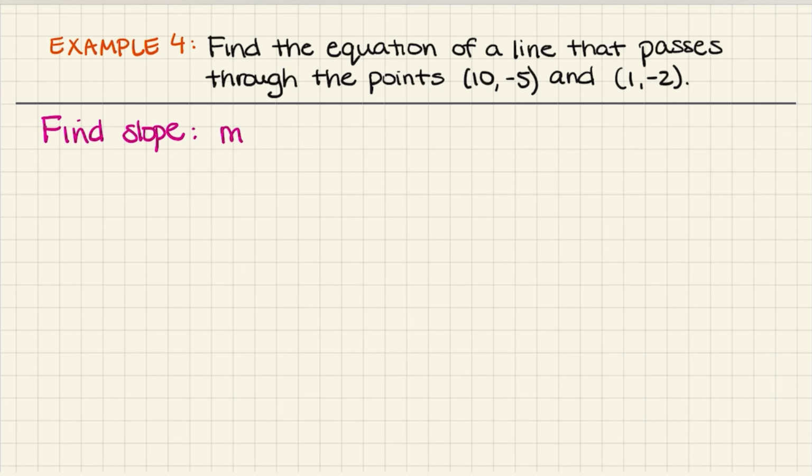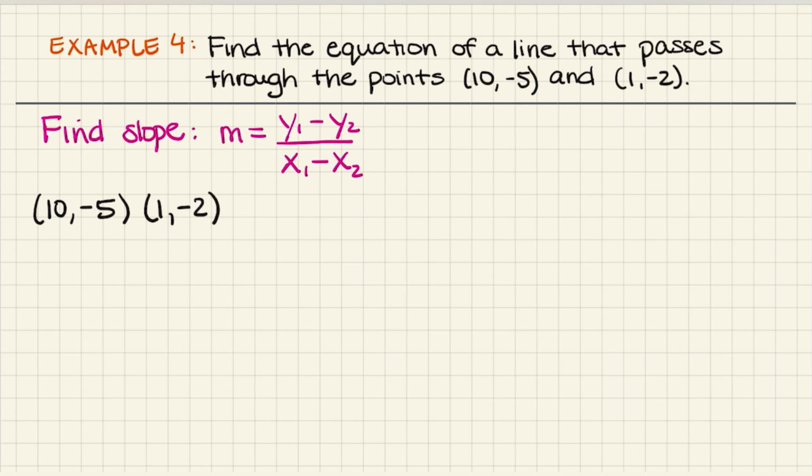And our equation to find slope is y1 minus y2 over x1 minus x2. Let's write our points over here so we can label them. 10, negative 5, and 1, negative 2. So x1, y1, and x2, y2.